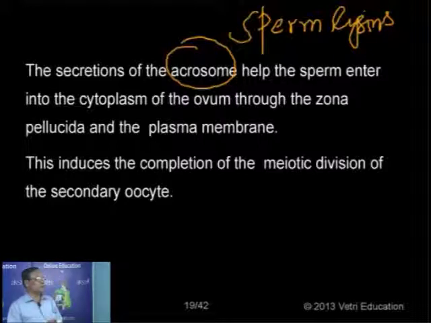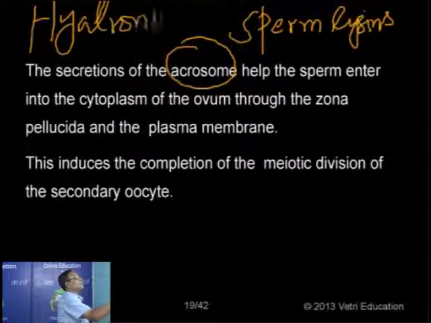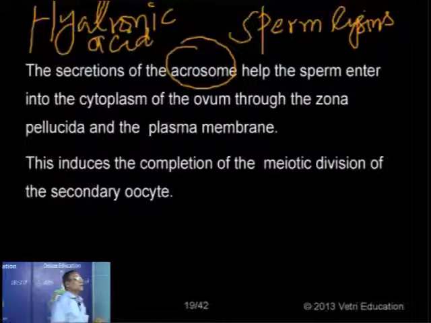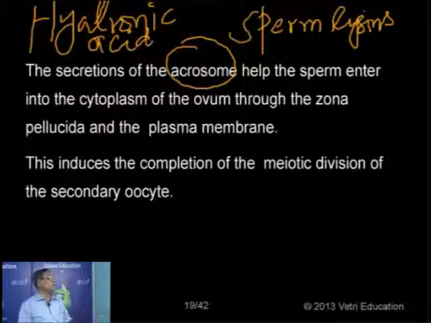In human sperm, the acrosome contains one sperm lysin, namely hyaluronic acid. The name of the sperm lysin in the case of human sperm is called hyaluronic acid. Because you see the membranes, the primary egg membrane and secondary egg membrane.